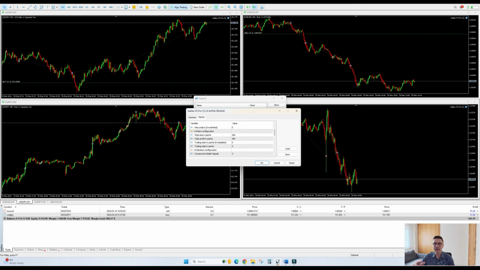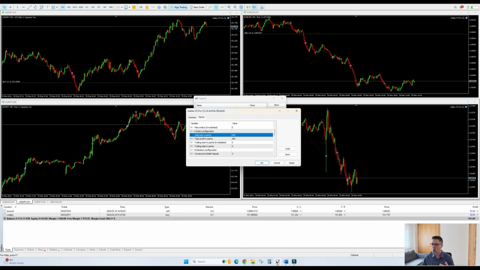So if the Euro US dollar moves to 412, it actually moved only 1 point or 0.1 pips. So with 200 points, the stop loss will automatically be set at 20 pips or 200 points. And with 400 points, the take profit would automatically be set at 40 pips or 400 points.